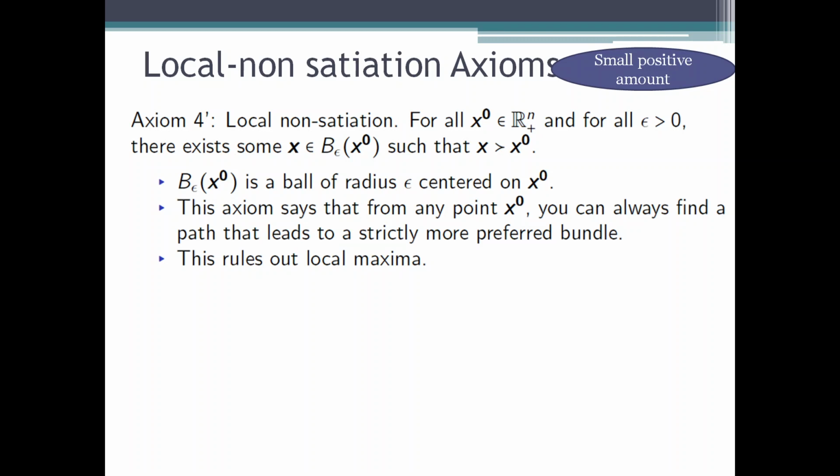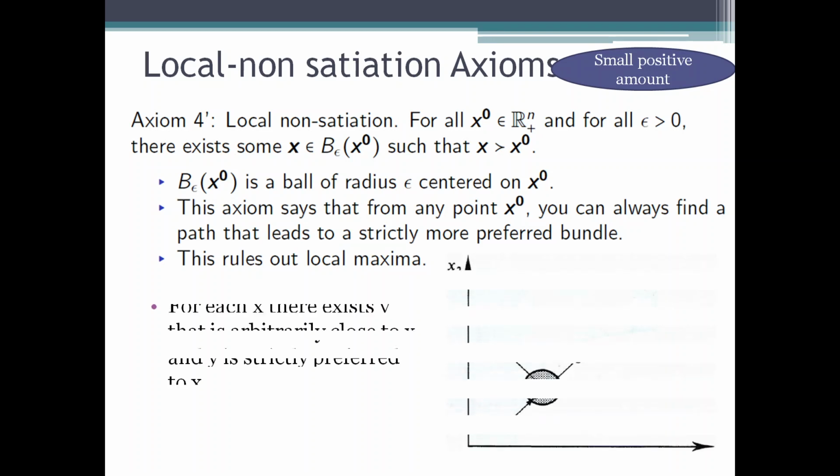So for all x naught that belong to R plus n space, and for all epsilon greater than 0, there exists some other consumption bundle x that belongs to an open set, B epsilon x naught, such that x is strictly preferred to x naught.